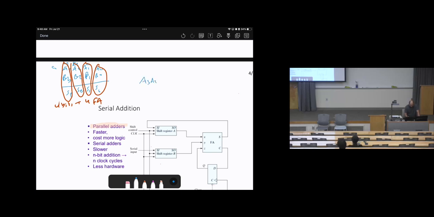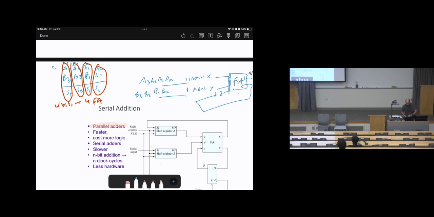So A3, A2, A1, A0 will be one input, let's call it input X. Then we have B3, B2, B1, B0 as one input, we can call it Y. Then we can feed X and Y into a full adder. So we have sum and carry. The carry will go to input Z. Okay?